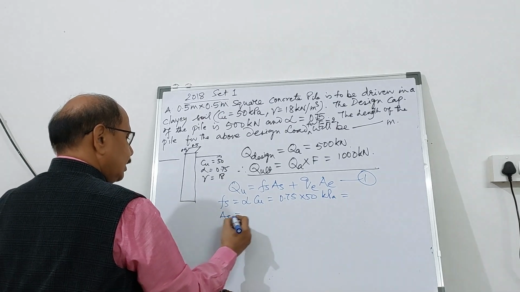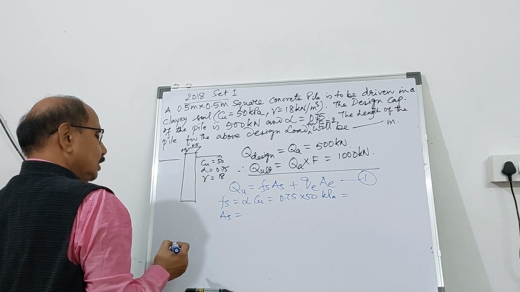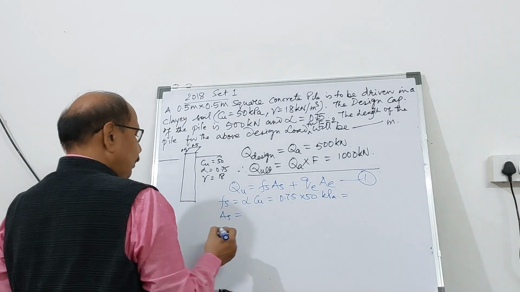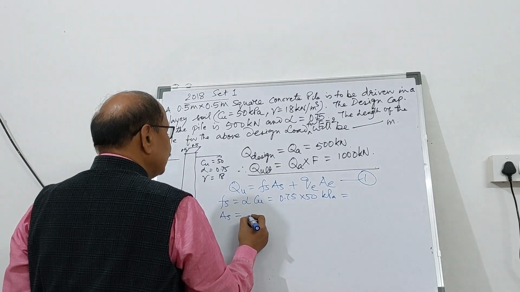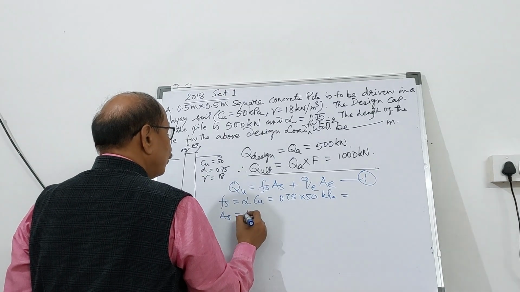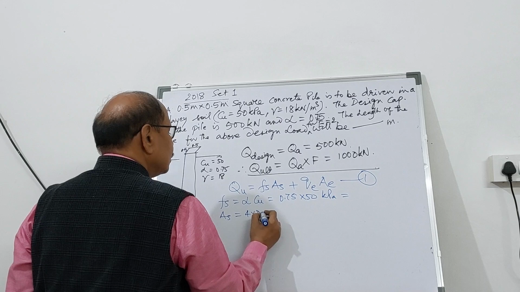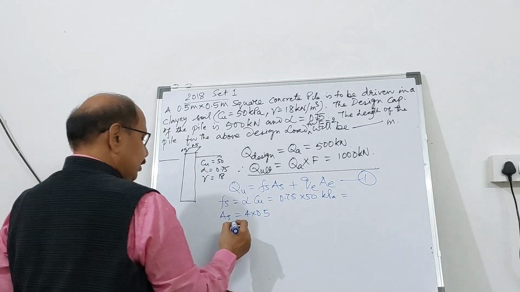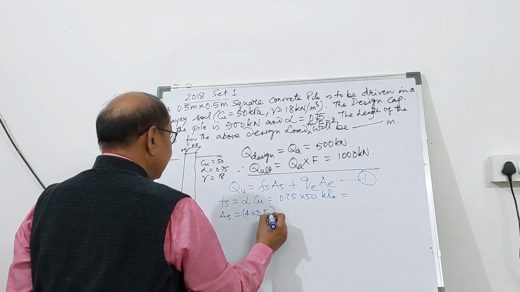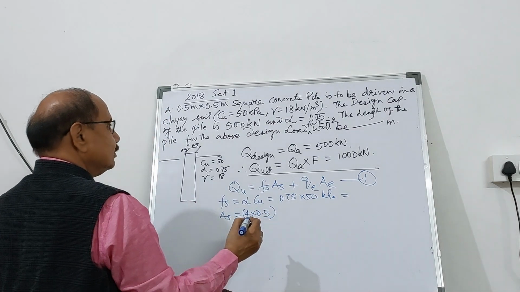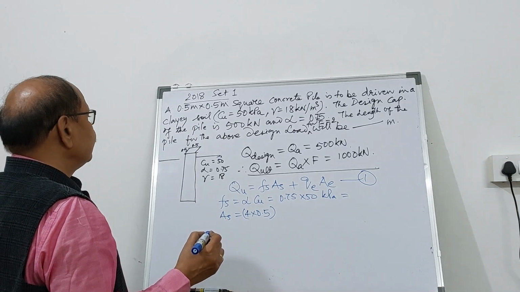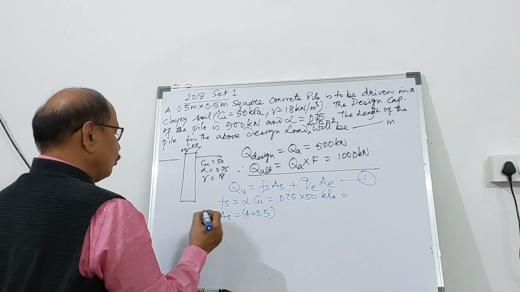Then calculate the shaft area. Now the shaft area of this pile will be the perimeter of the pile into length. The perimeter will be 4 times the dimension, that is the perimeter, into length, and the length of the pile is to be found out.